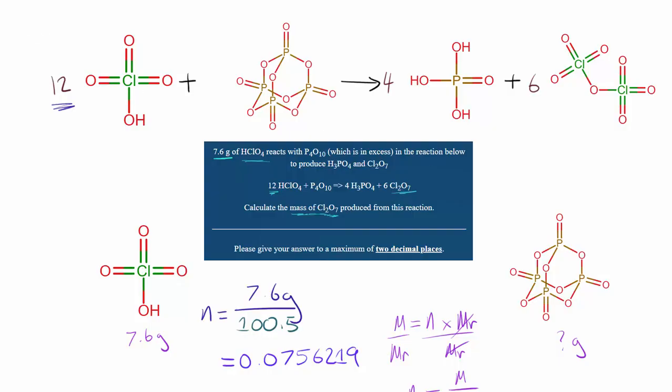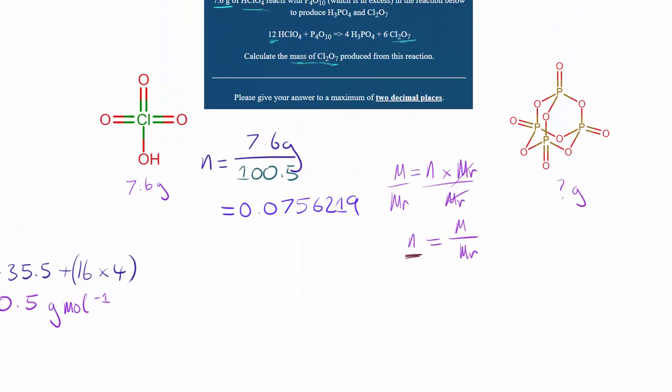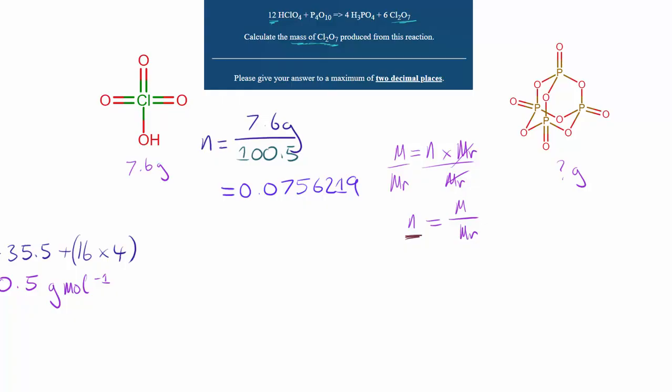You can see that the coefficient associated is 6, right? So if we now put together a ratio comparing the two down here, this is going to be the moles of the perchloric acid, HClO₄, compared to the moles of the dichlorine pentoxide, Cl₂O₄.